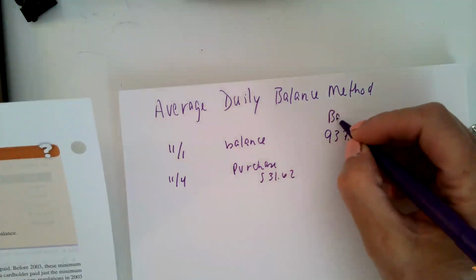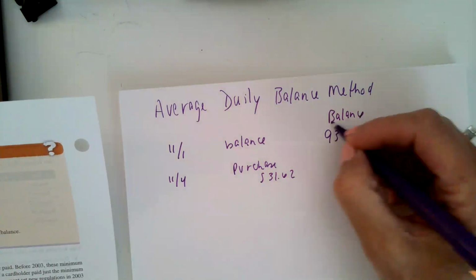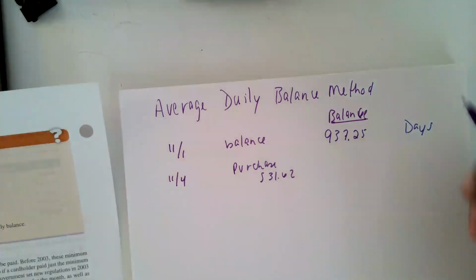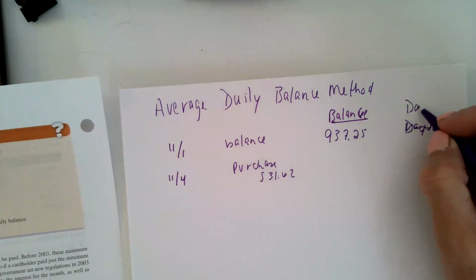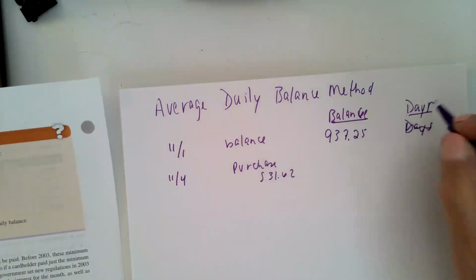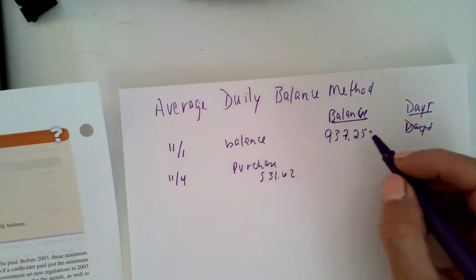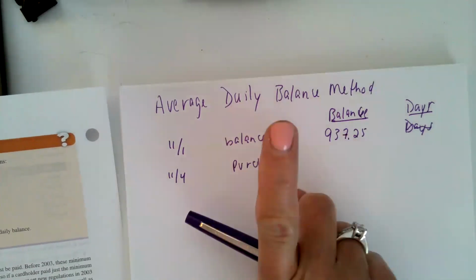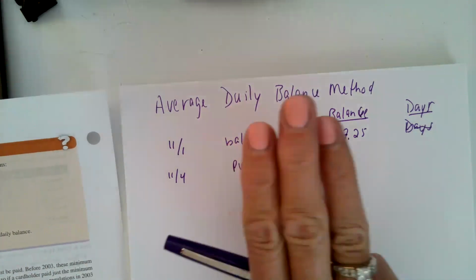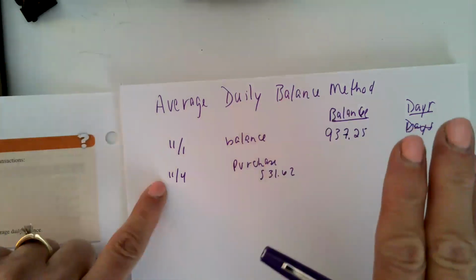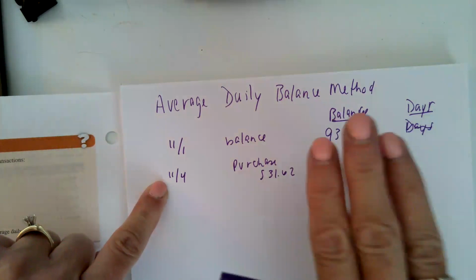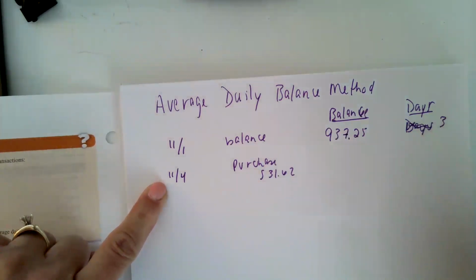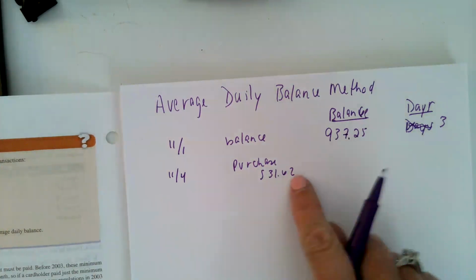So I'm going to keep a running balance of my total, because on 11/1, let's put our days up here, we were at this balance. Okay. And then it was at this balance for 11-1, 11-2, 11-3, and then 11-4, you made a new purchase. So it was at the 937.25 for 3 days. And so I'm going to add these two together.